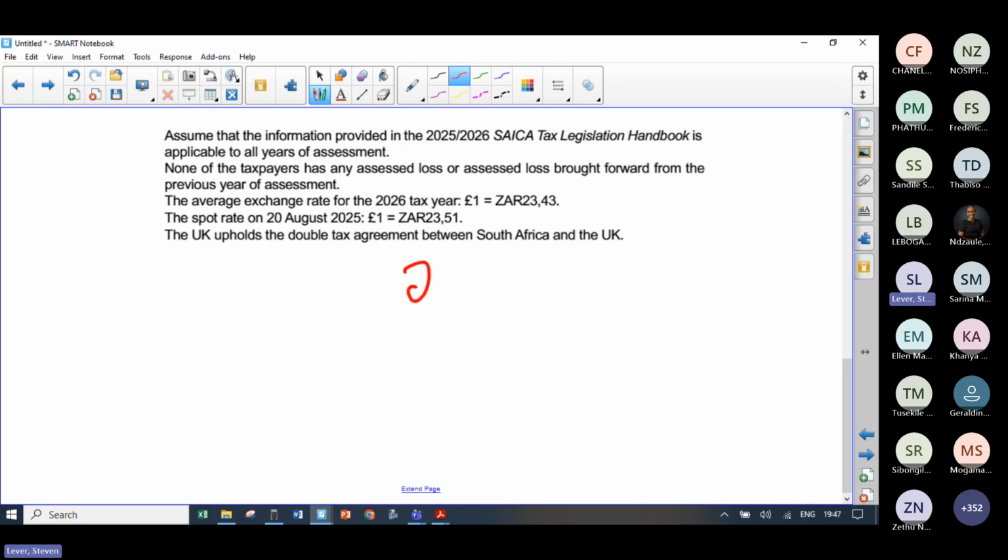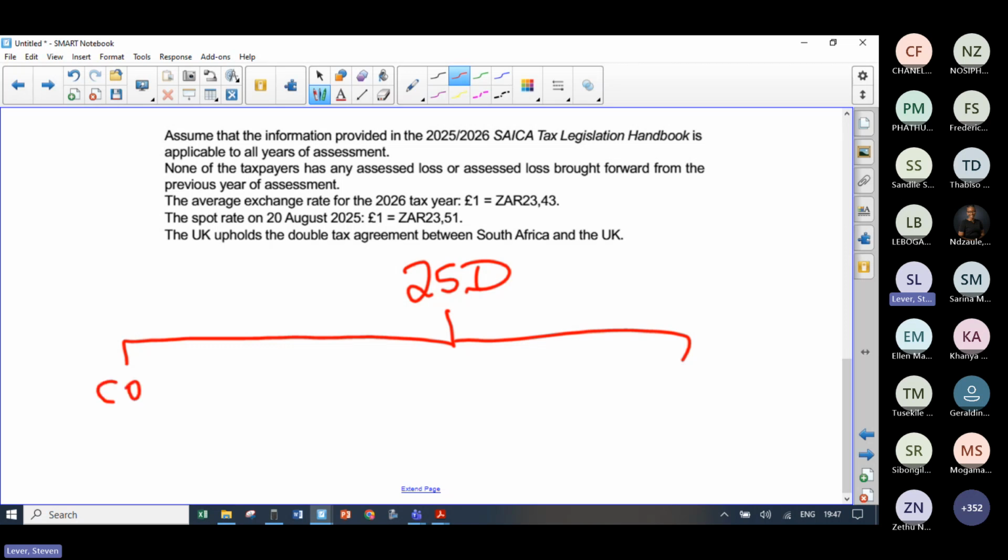So guys, for section 25D of the Act, that's what you did in the last question. For a company, you're required to use spot. For a natural person, guys, what you're allowed to use is spot or average. You've got a choice.